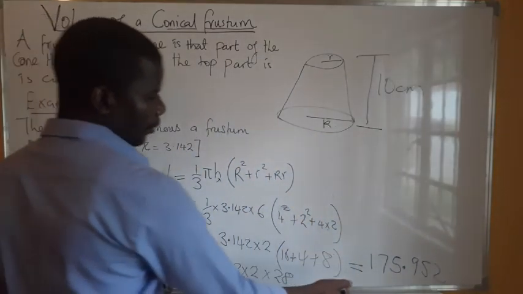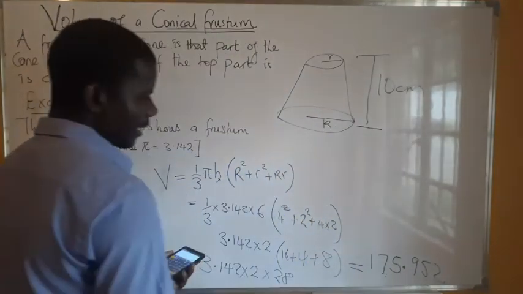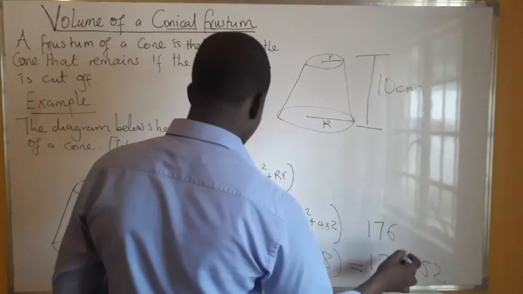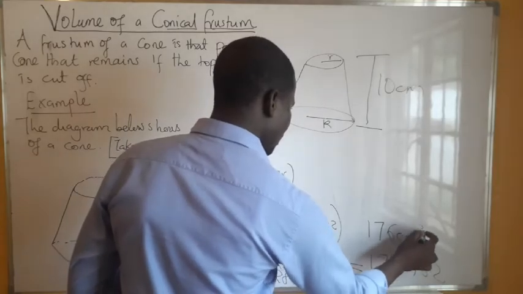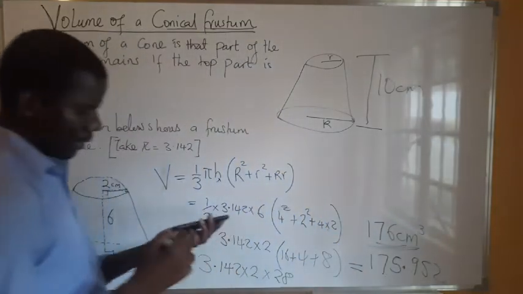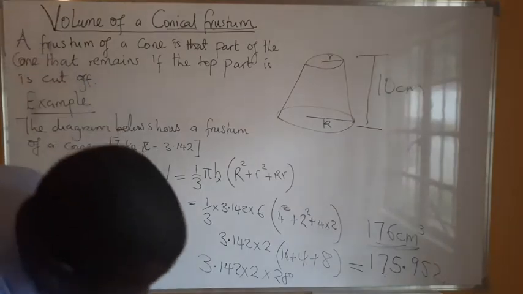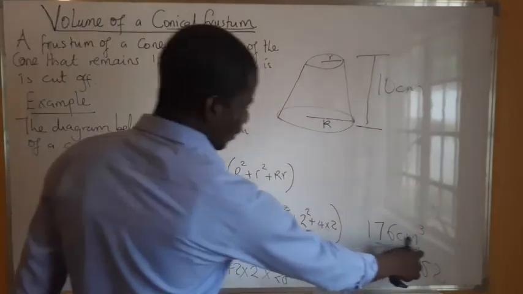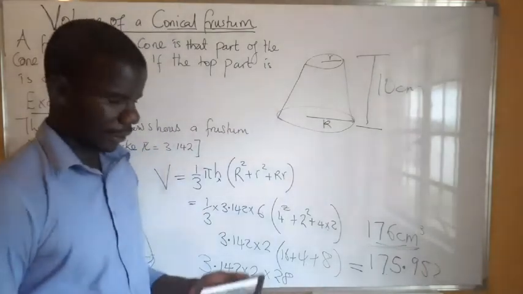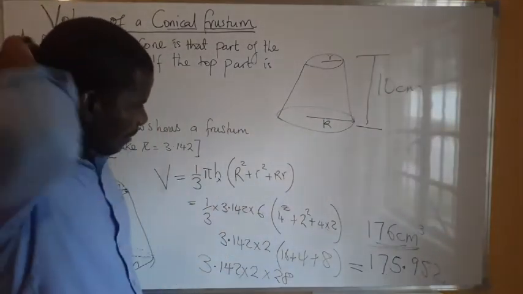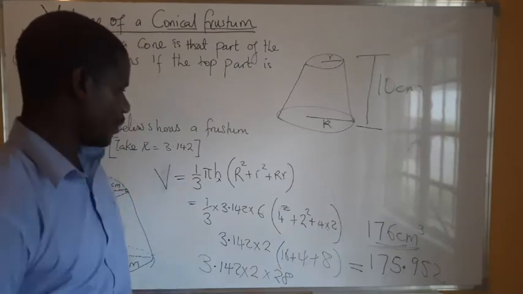Now when you want to round off, when you want to write this to 3 significant figures, it will be 176 what? Centimeters cubed. Volume is always given in cubes, so you have to write this unit correctly here. Okay, so this is what I'm getting when we use this formula.